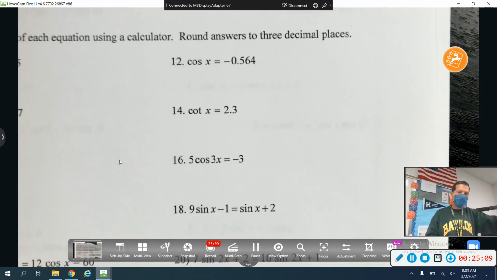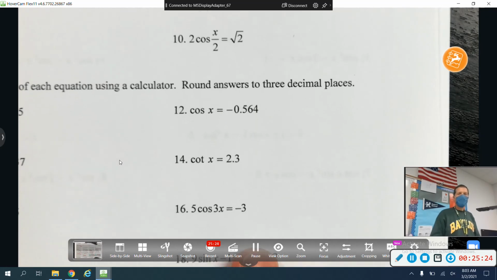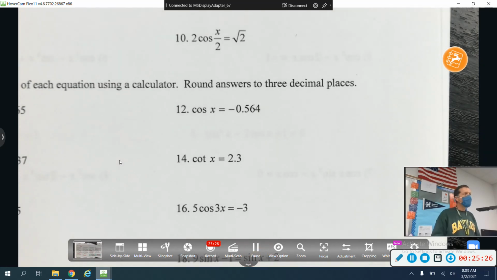All right, let's skip down to number 10. What will we do first on number 10? What do you want to do first on number 10? Jenna, what do you want to do first on number 10?